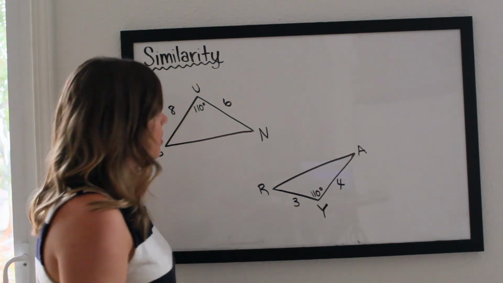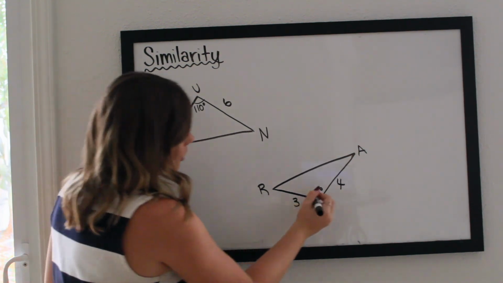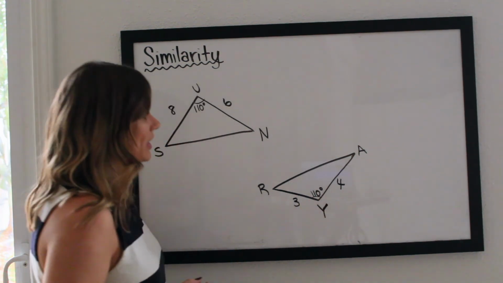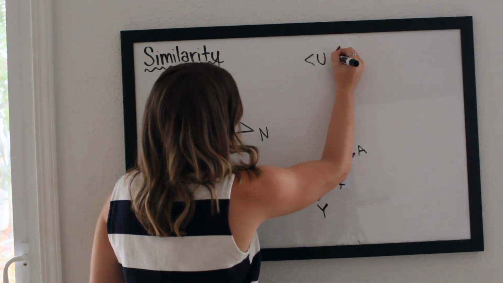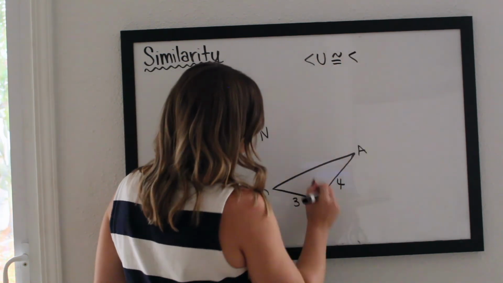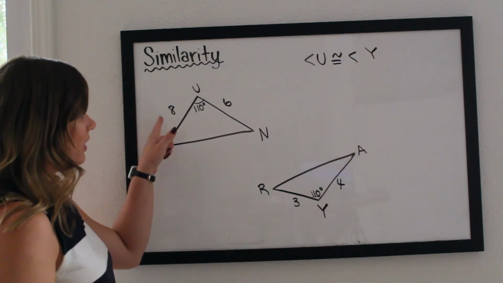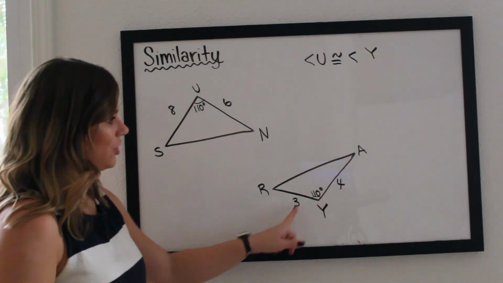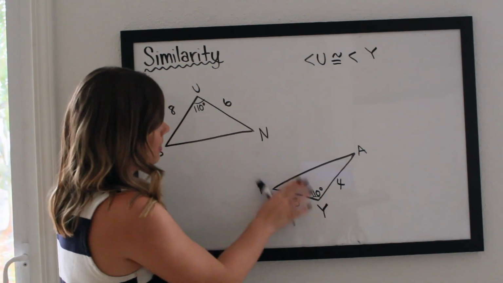Alright, well the first thing I'm noticing is that angle U is congruent to angle Y. They have the same measure. So I have angle U is congruent to angle Y. Okay, well now I'm given these two side lengths here and two side lengths there, and my angle that's congruent is in between them.